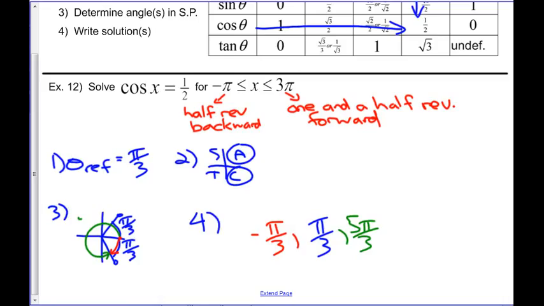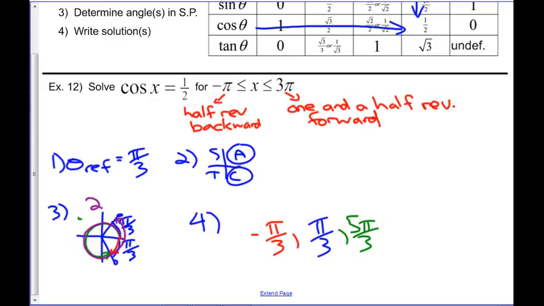It also allows us to go beyond the first revolution forward. So let's see if I run into any solutions if I go beyond the first revolution. Here we go. I already got that one. Let's see. And I'm allowed to go another half revolution. Oh, we run into this solution again. So that one's just coterminal with pi over 3.